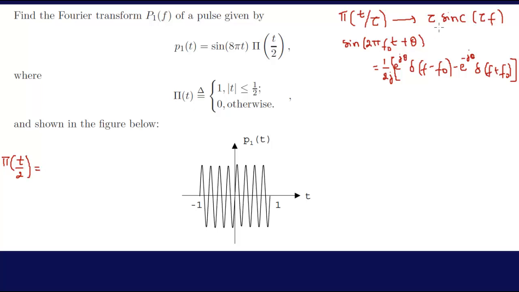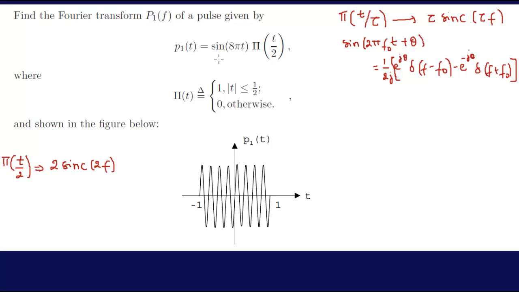Comparing it with this over here, we can clearly see that tau is 2, because we have 1/2 times t, so tau is equal to 2. So that should give me 2 sinc function of 2f.